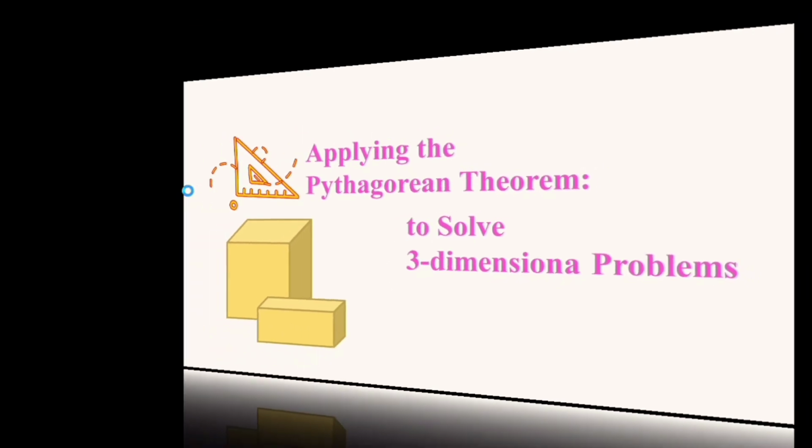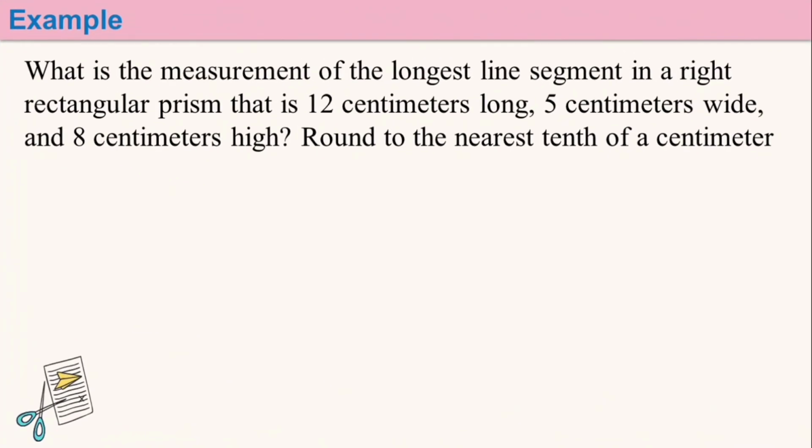Okay, now I'm going to show you how to find the missing side length of a three-dimensional rectangular prism. What is the measurement of the longest line segment in a rectangular prism that is 12 centimeters long, 5 centimeters wide, and 8 centimeters high? Round to the nearest tenth of a centimeter.